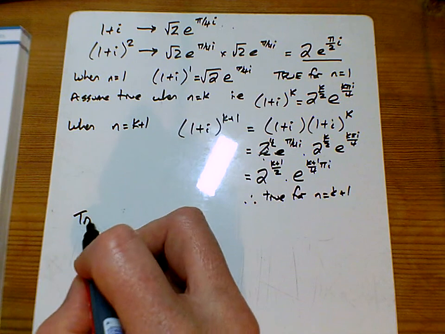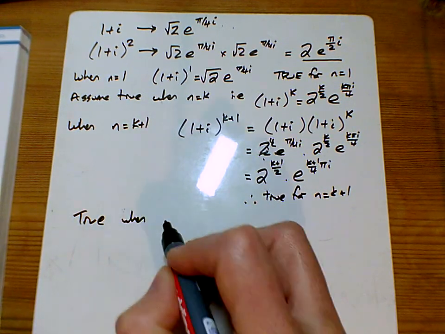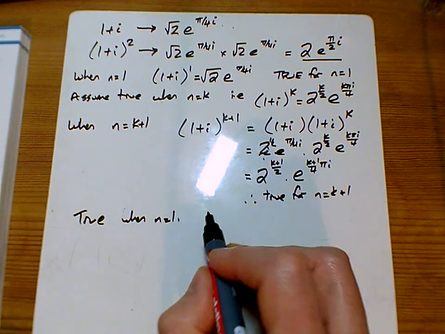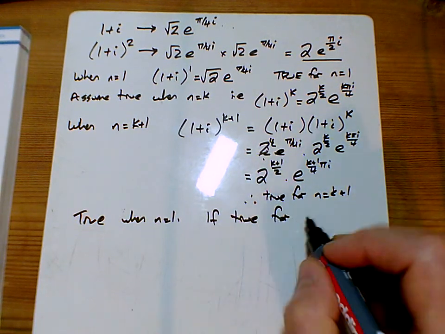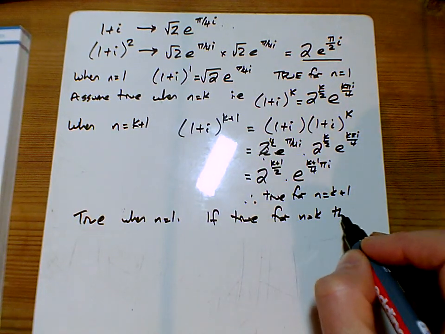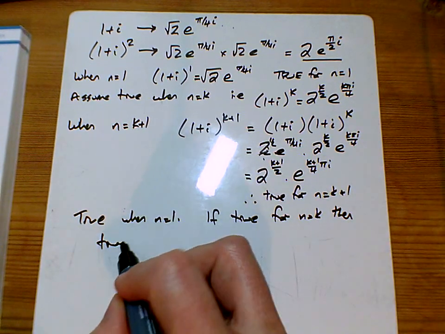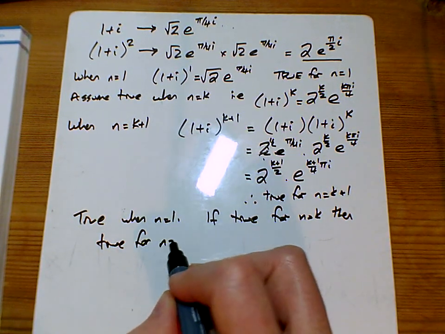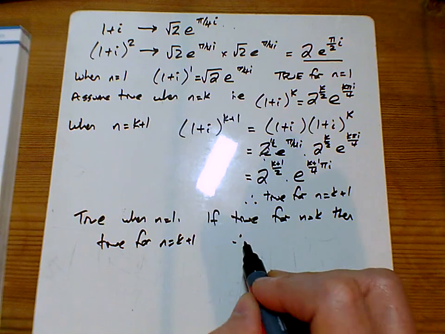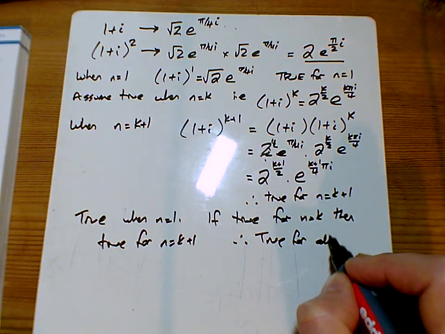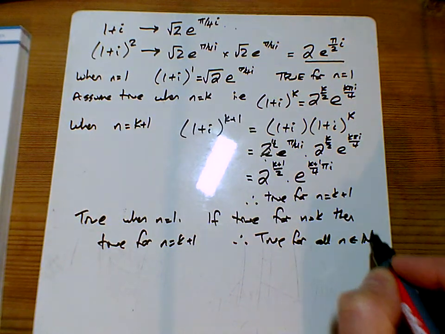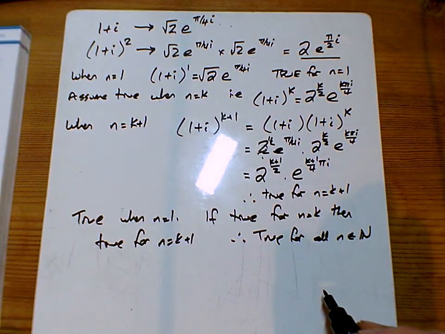So we'll say true when n equals 1. If true for n equals k, then true for n equals k plus 1. Therefore, true for all n belonging to the natural numbers greater than or equal to 1.